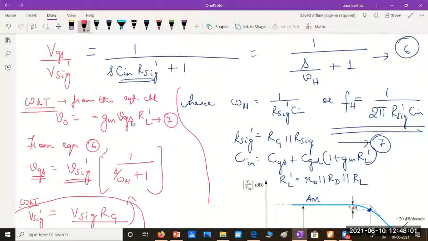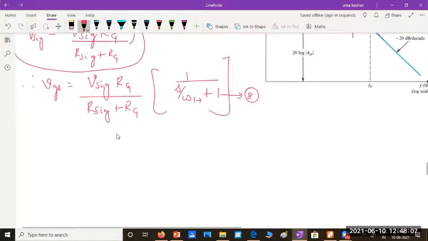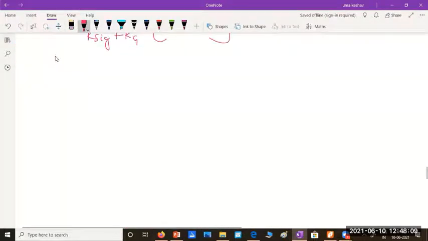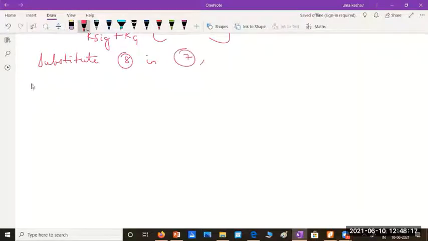I'll substitute equation 8 in equation 7. In the sense, I want to replace this VGS which is there in equation 7 with this. So substitute equation 8 in equation 7.